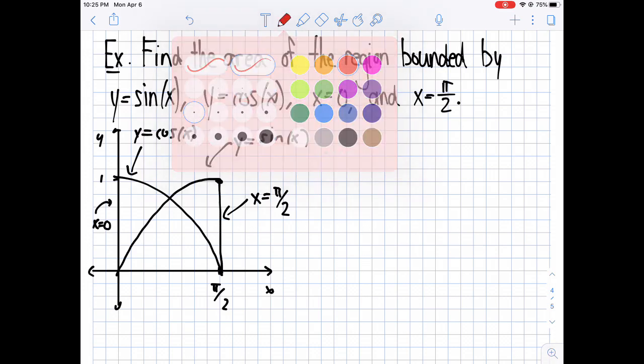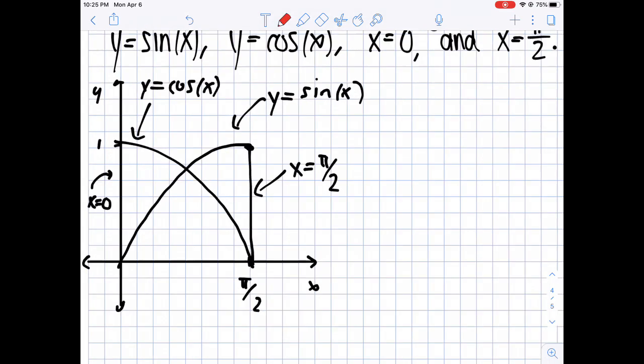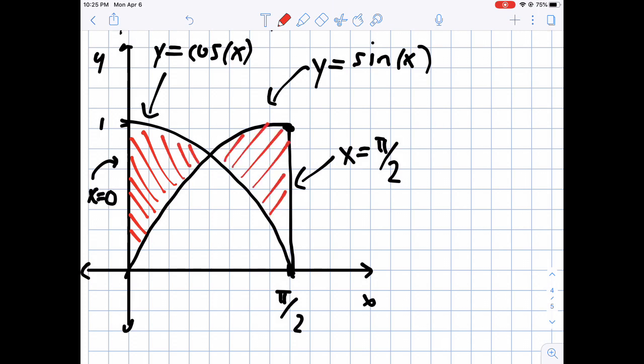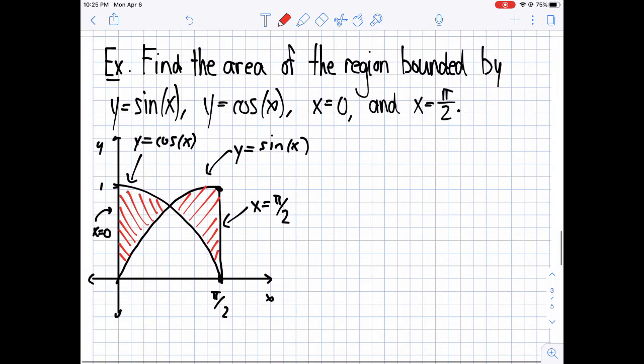So what are the regions in this scenario that we're looking at? We're actually looking at two of them. The first one is right here, and the second one is right here. So now we're not just looking at one region, we're looking at two.